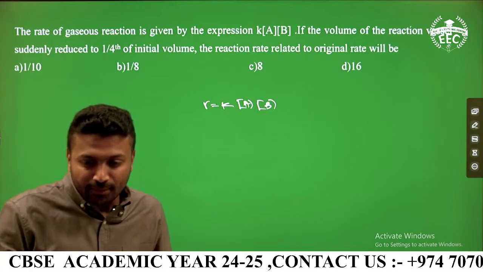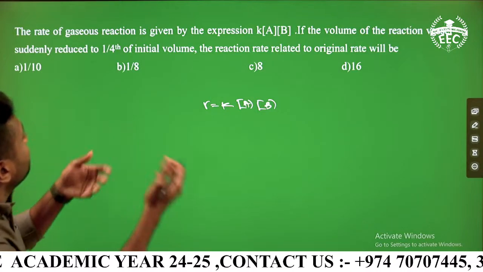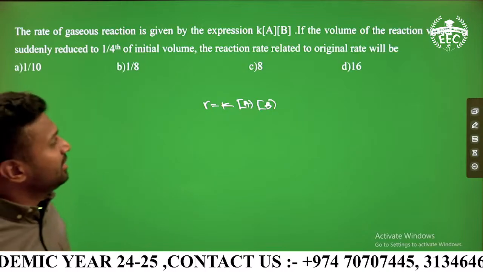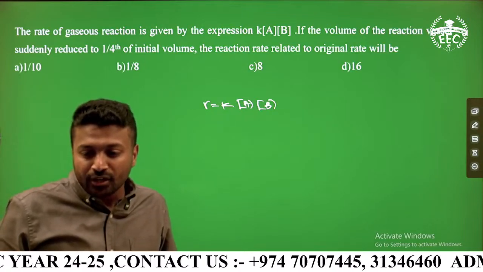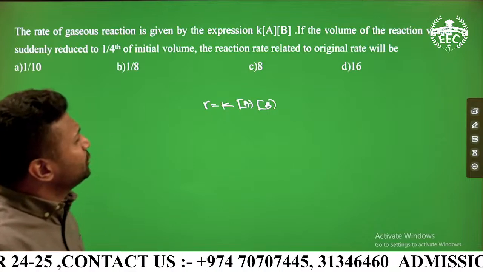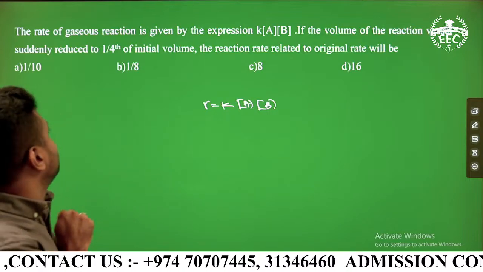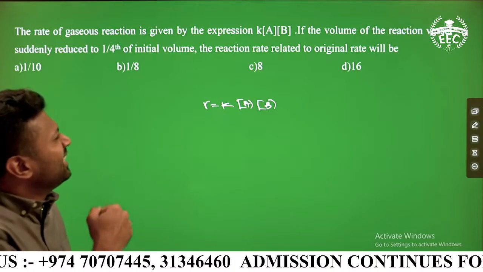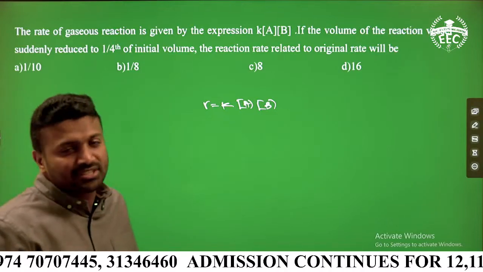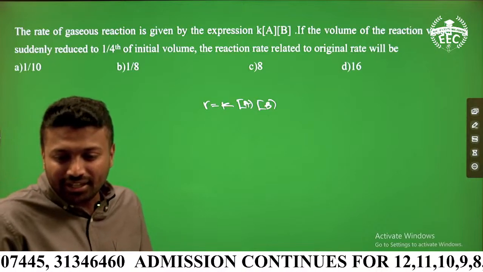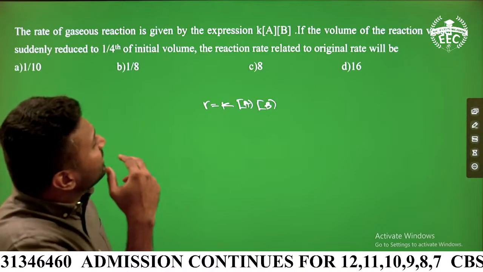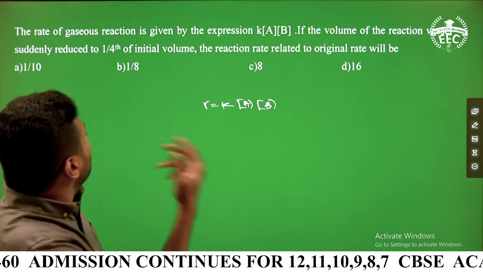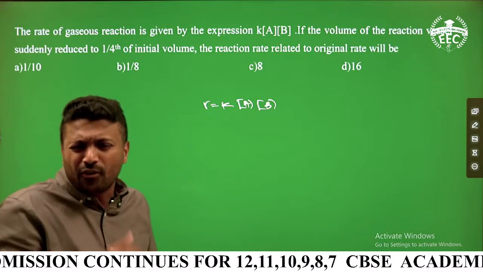The rate of a reaction is given by R is equal to K into concentration of A into concentration of B. If the volume of the reaction vessel is reduced to 1/4 of the initial volume, then the reaction rate relative to the original rate will be what? See, the volume is 1/4, so what about the concentration?